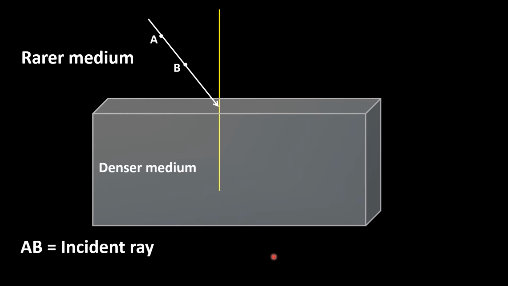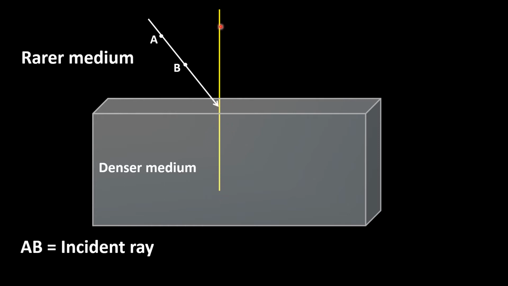In order to know how the refracted ray will travel, we have to draw the normal at the point of incidence, normal to the plane surface.